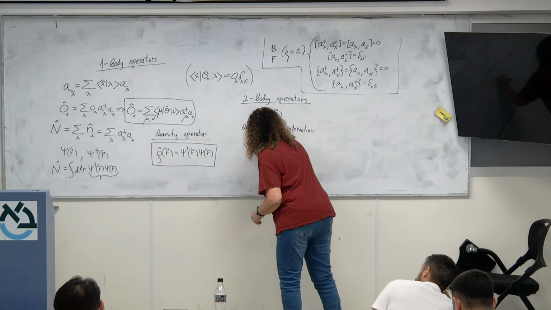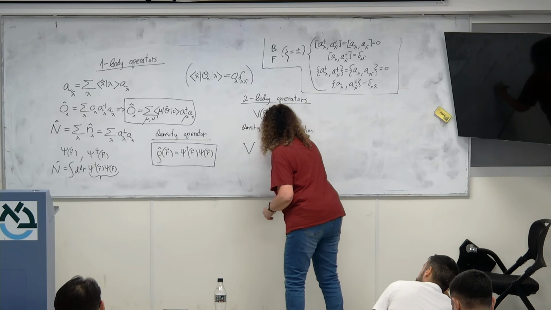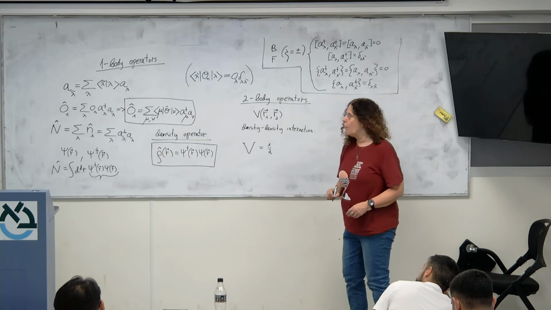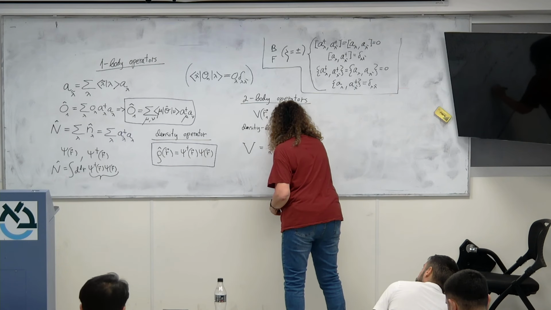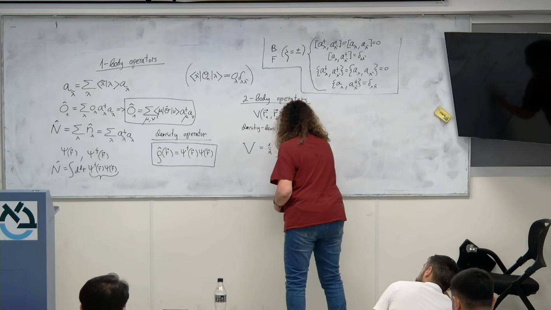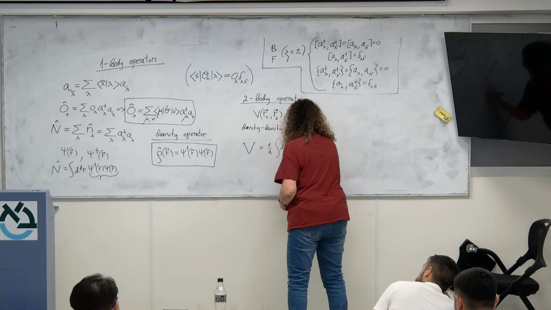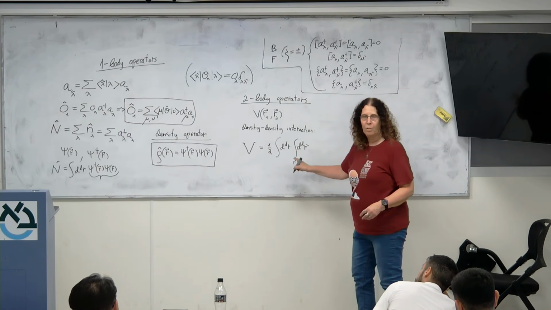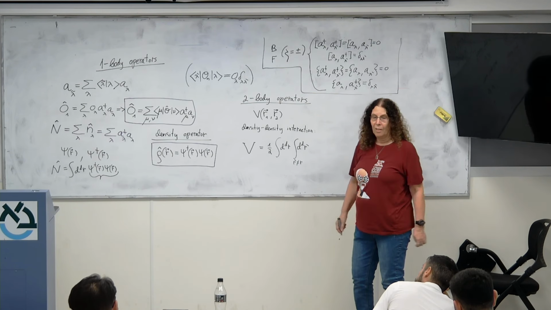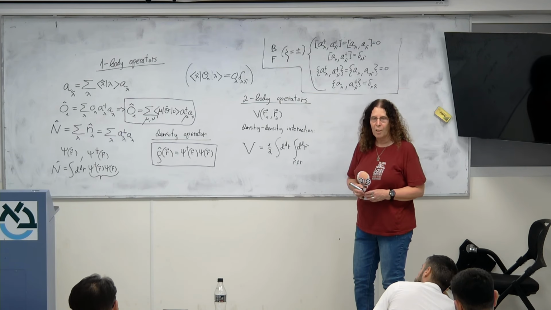You write V to be, there's a factor of half, not to count twice, and then you have an integral over R, an integral over R prime, where R prime is different from R. This is just to avoid self-interactions.